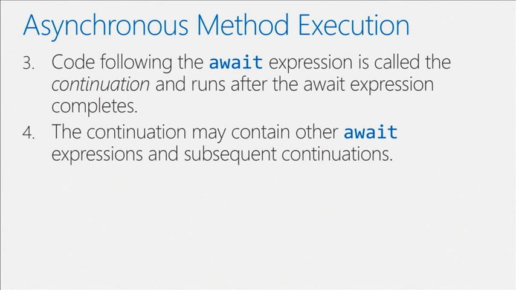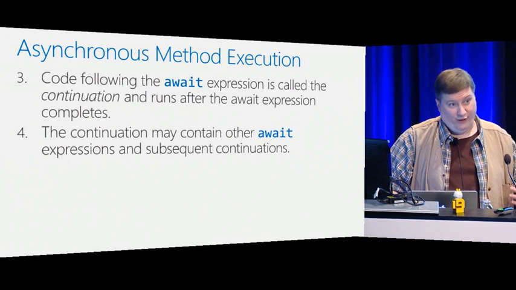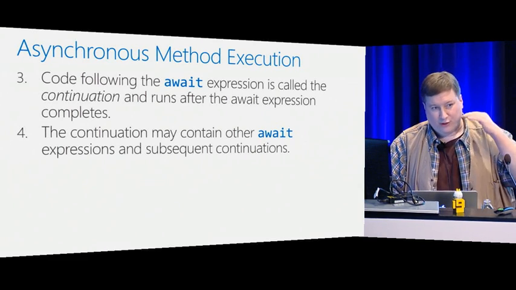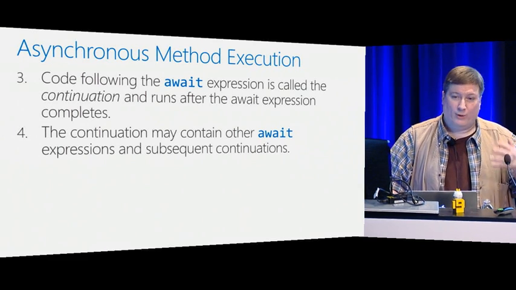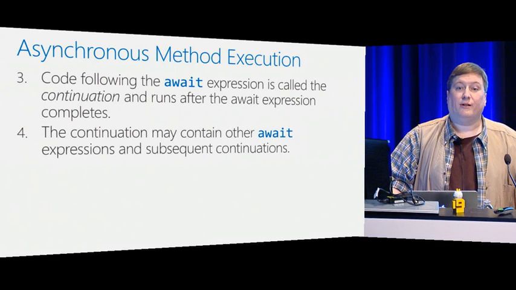The code following the await expression is called the continuation, because the await expression returns to it to continue running after the asynchronous operation is complete. The continuation after the await expression can contain other await expressions and their continuations. So you can stack await continuations, or you can put the await in a loop and just be looping around that same await.